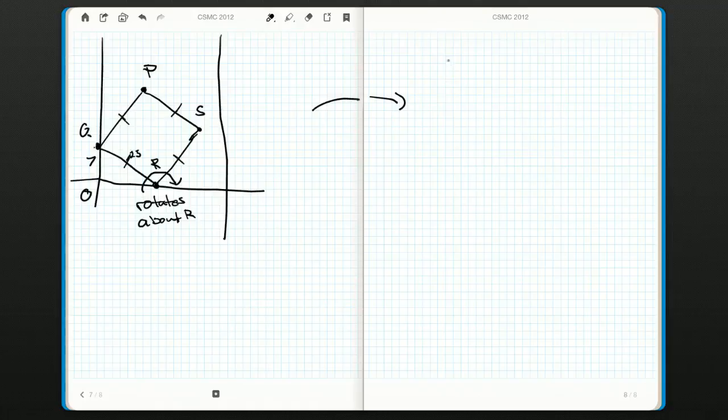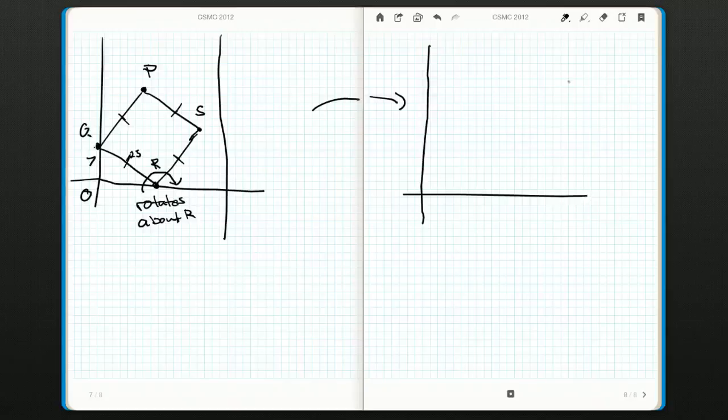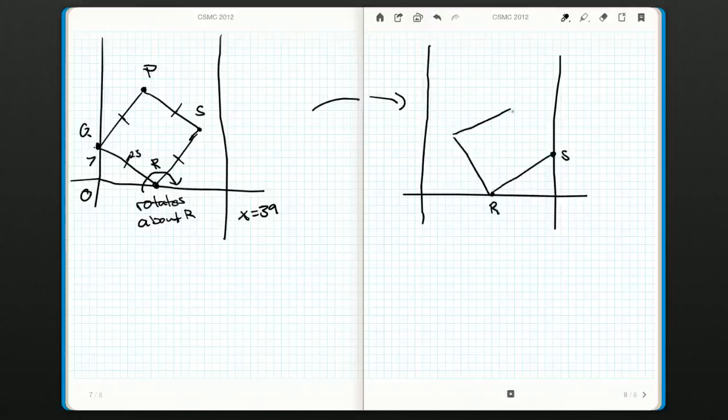Alright, so let's draw what happens after our rotation. This is x equals 39. So R, wherever R is, we'll figure that out in a moment, stays the same. But now S is up here. Q has moved up there, and P, which is the one whose coordinates we want to find, is hanging up in the air. It might be past P, it might be past R, it might be directly above R, I have no idea.